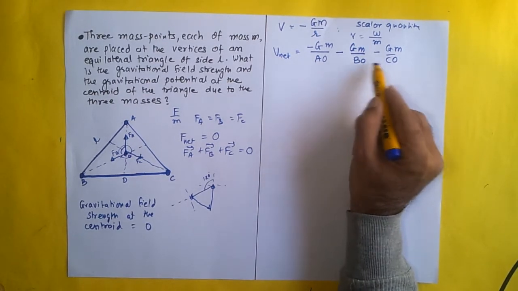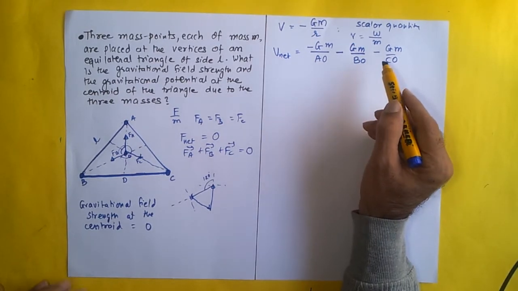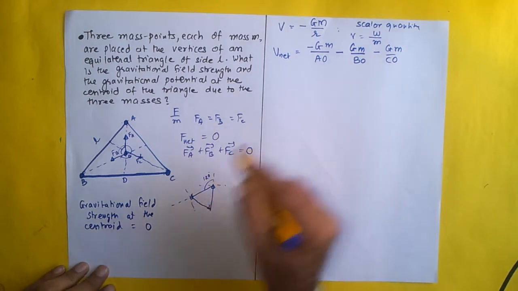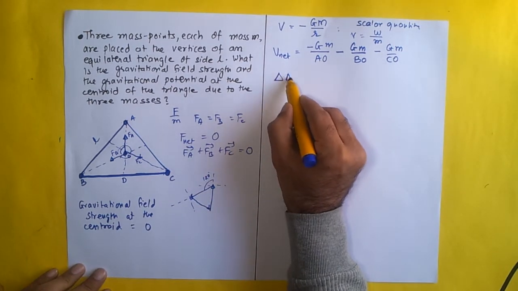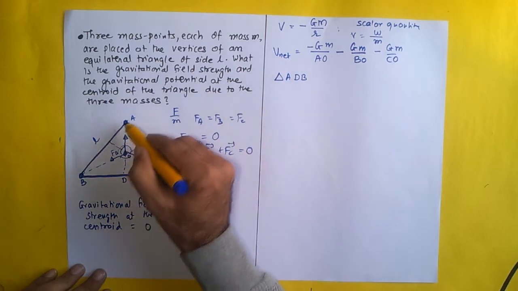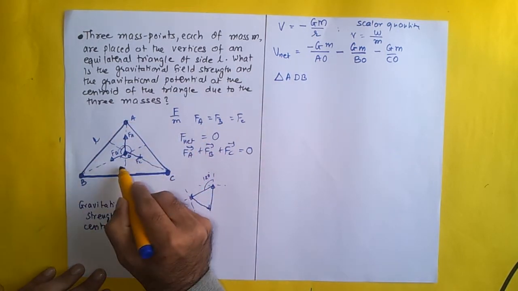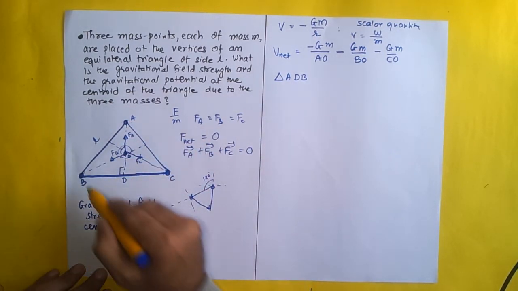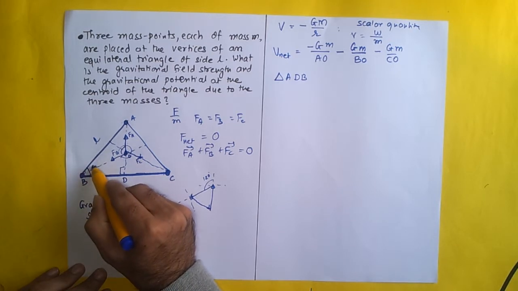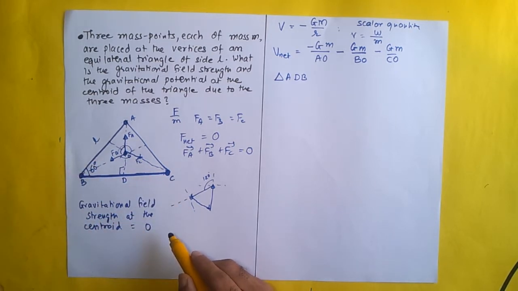To find these distances, we will use a little bit of trigonometry. What I'll do is I'll consider triangle ADB, which is a right angle triangle. Triangle ADB, this is 90 degrees. This is an equilateral triangle, so all angles are 60 degrees. So angle B will be 60 degrees.